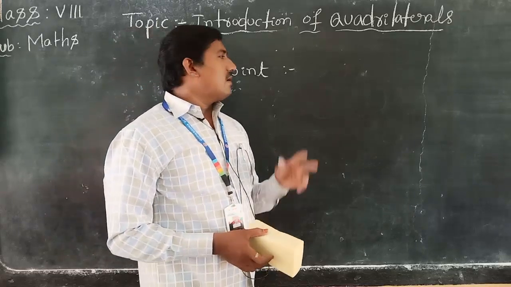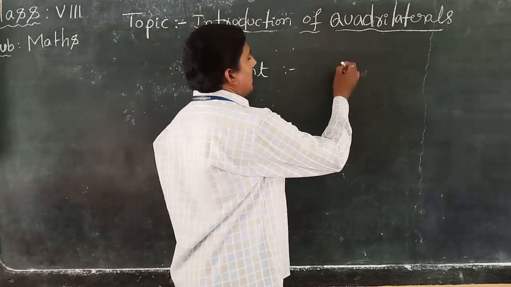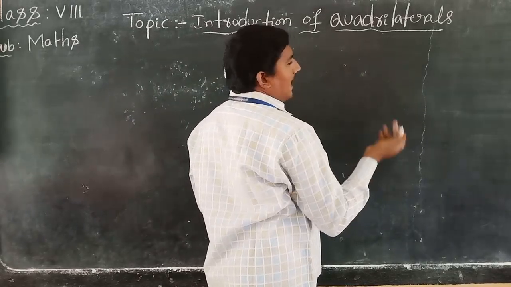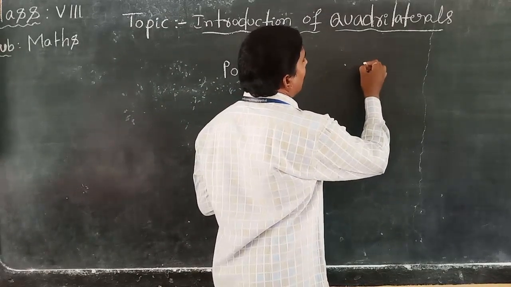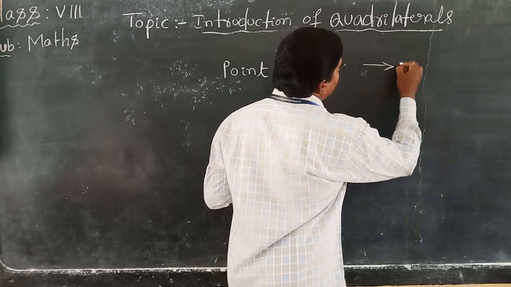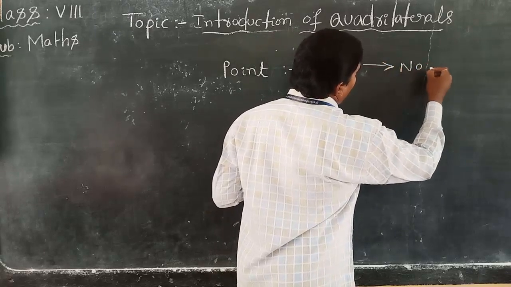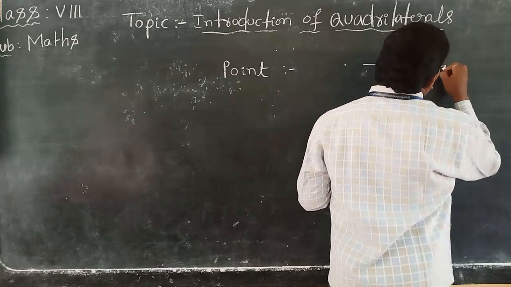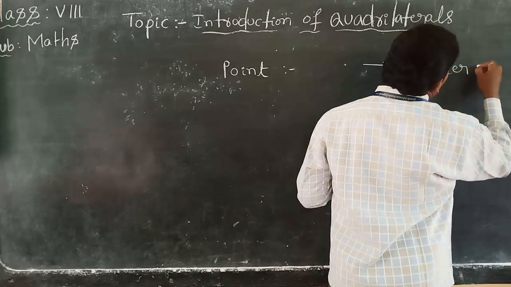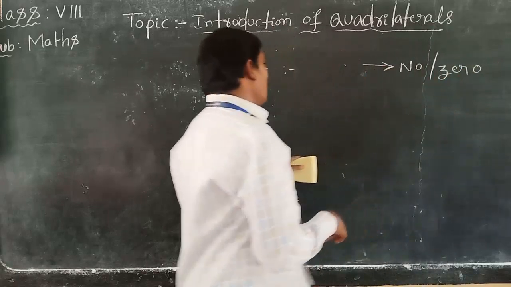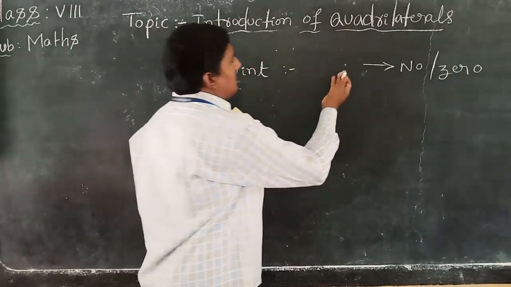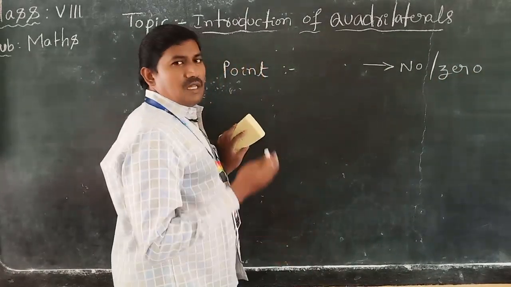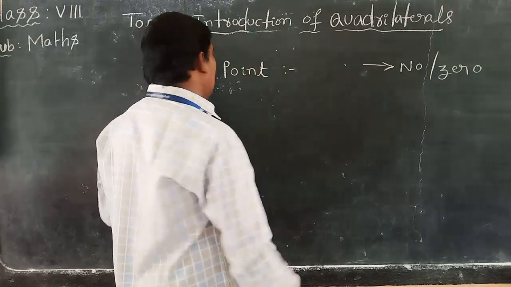So a point is a no-dimensional or zero-dimensional figure, because there is no length, no breadth, no height.